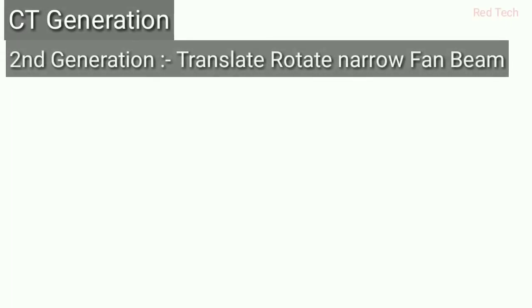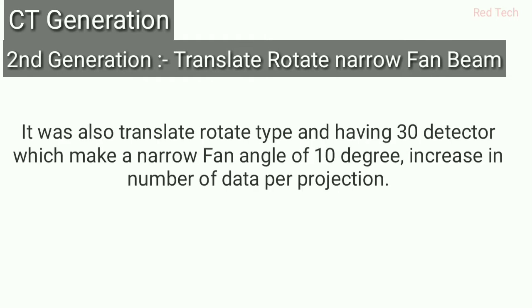Second generation CT, also known as translate rotate narrow fan beam. It was translate rotate type and had 30 detectors, and these detectors made a fan angle of 10 degrees, which helps in collecting data in larger numbers, or you can say better than first generation CT.